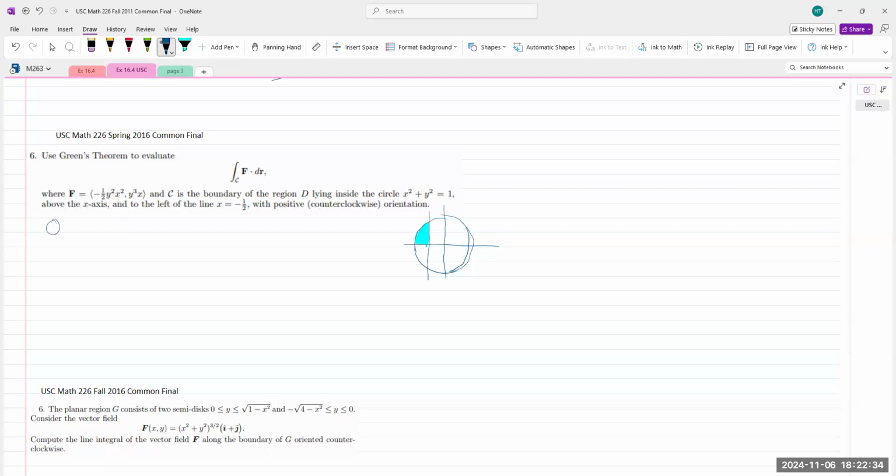Okay, so q sub x minus p sub y will be q sub x is y cubed, minus negative p sub y. So that will be negative yx squared. So I can factor the y, and then I get x squared plus y squared. I expect that though.